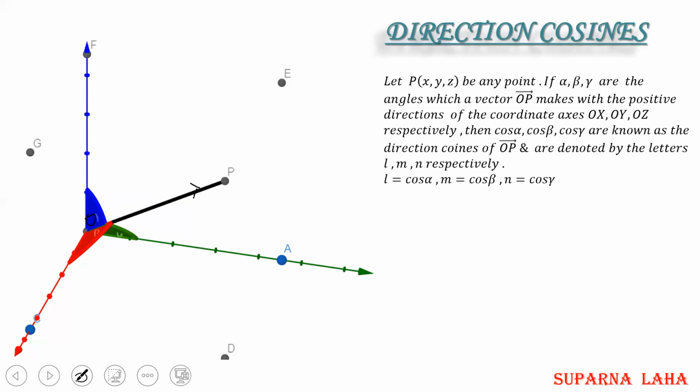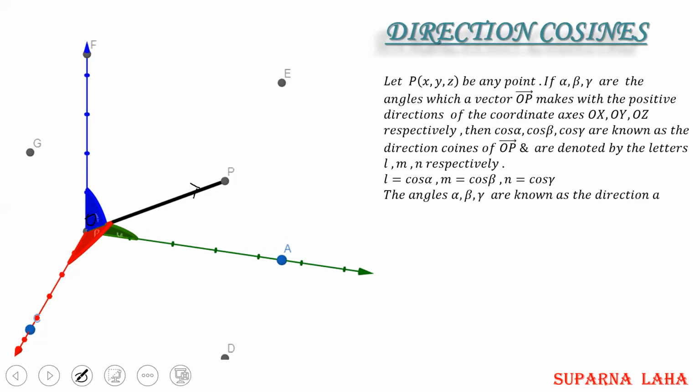Clear? So these are the angles and these are their cosines, the direction cosines. Now, what are the ranges for alpha, beta, and gamma? These three angles belong to 0 to pi.